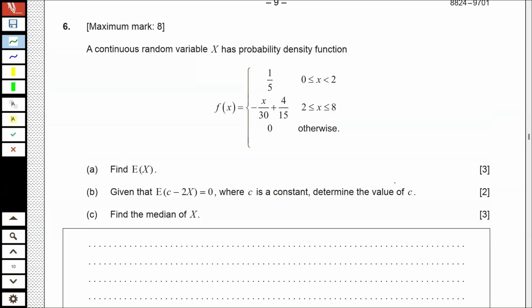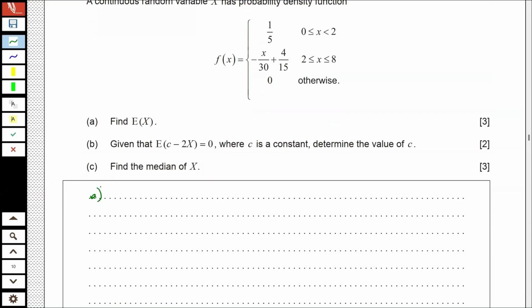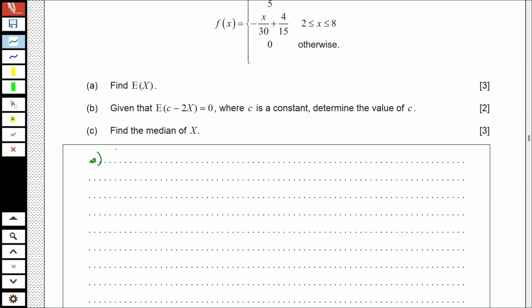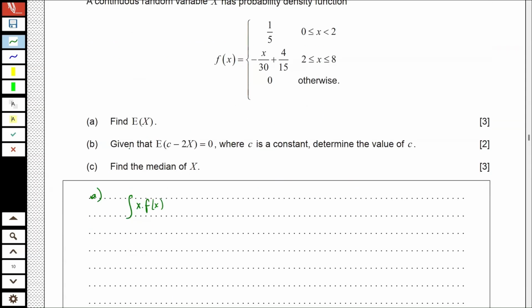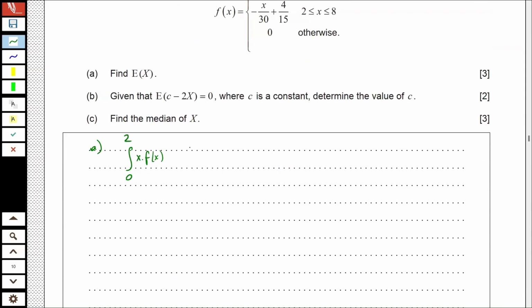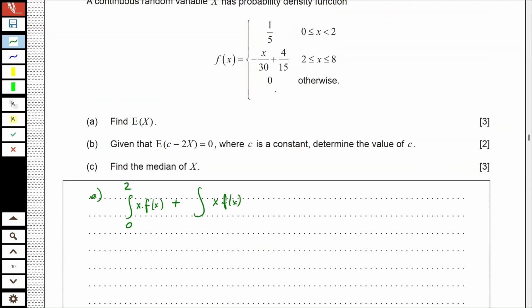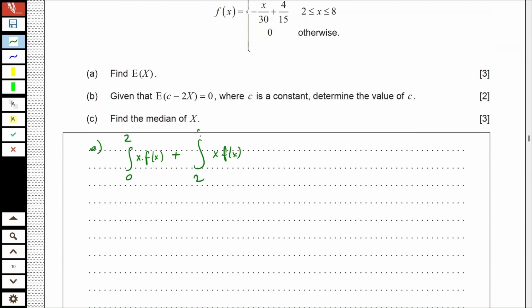Question 6. A continuous random variable x has a probability density function. Here is the function. Find the expected value. So the formula of the expected value is an integral. We're going to write x times f of x, and our limits here are from 0 to 2, plus the other integral is from 2 to 8.